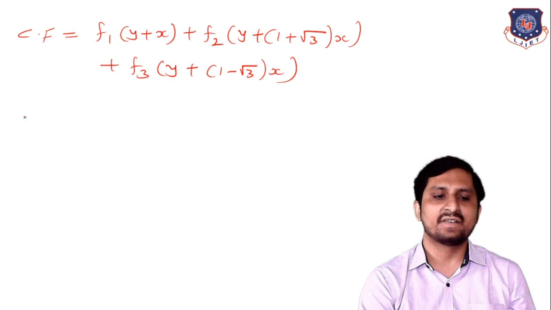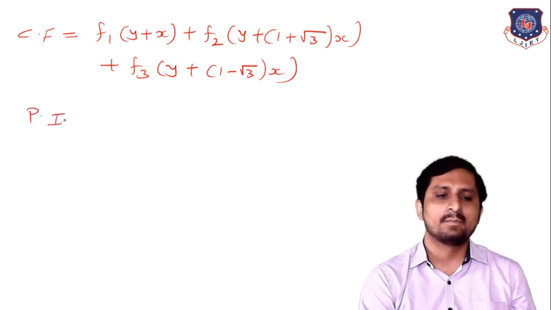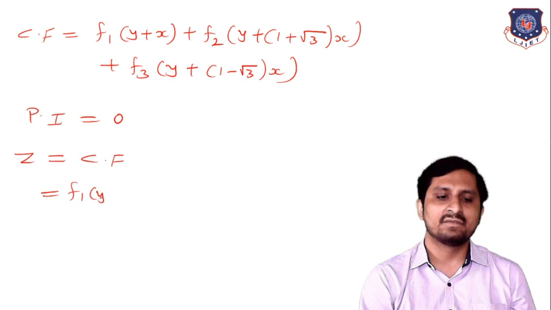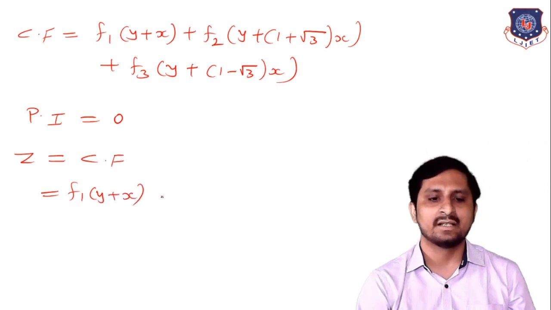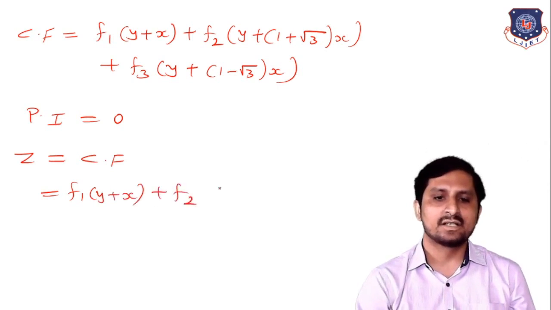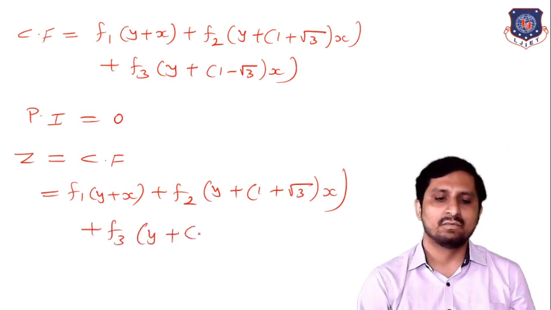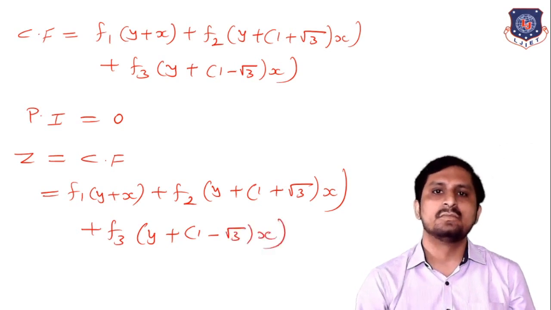This is my complementary function, and here the particular integral is 0 because the right side is 0, so z is nothing but the complementary function. Just write it down once again: f1(y + x) + f2(y + (1 + root 3)x) + f3(y + (1 minus root 3)x).